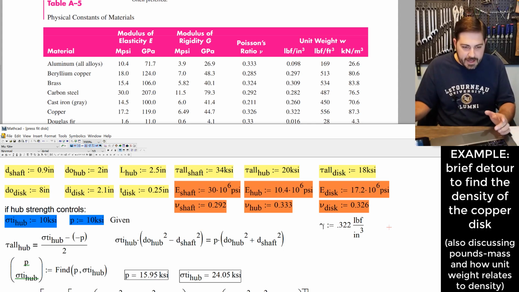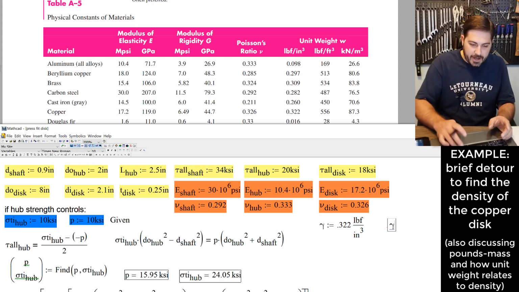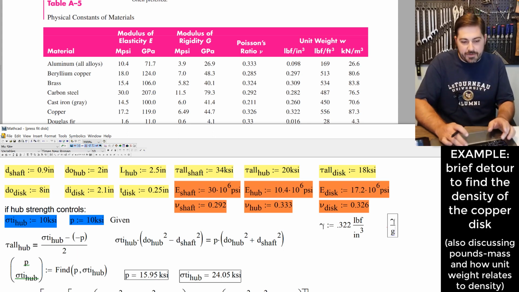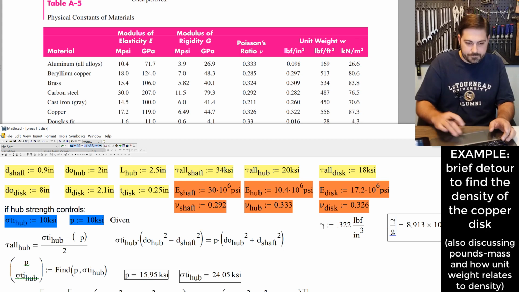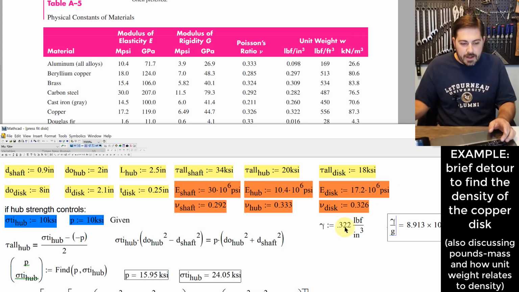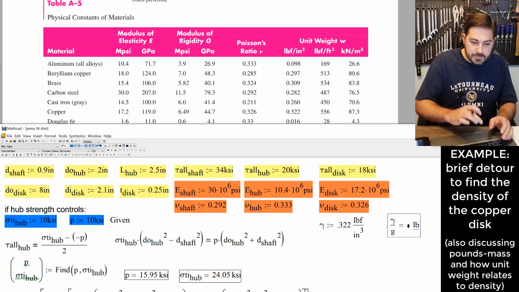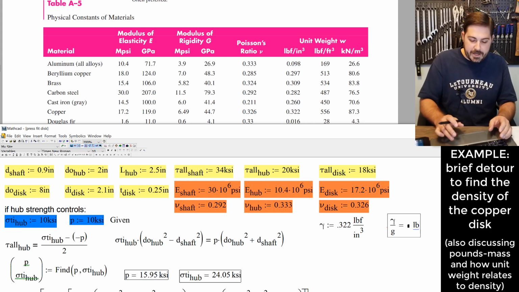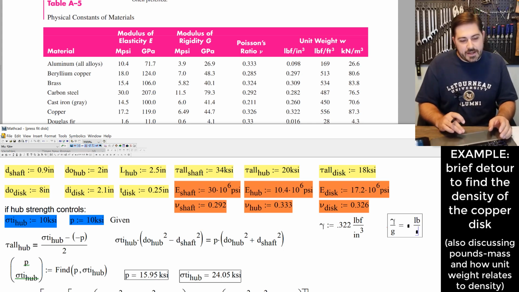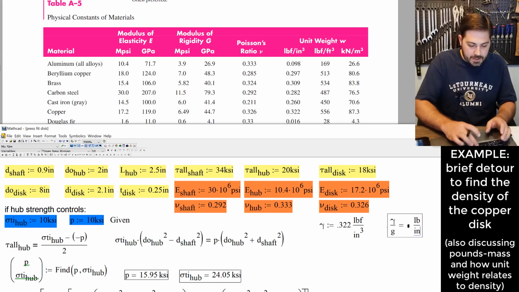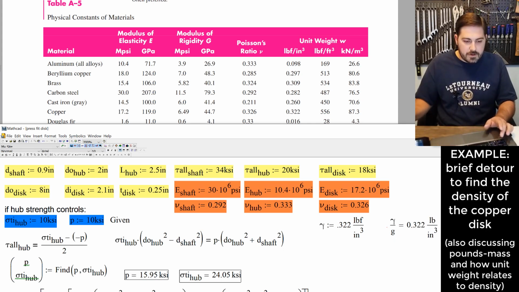Well, I'd have to take that same value and divide by acceleration due to gravity. But with the US system, we have another unit for mass that is called pounds mass. In MathCAD, that's just plain lb. If I take that plain lb per cubic inch, notice what I end up with. It is just 0.322 pounds per cubic inch.